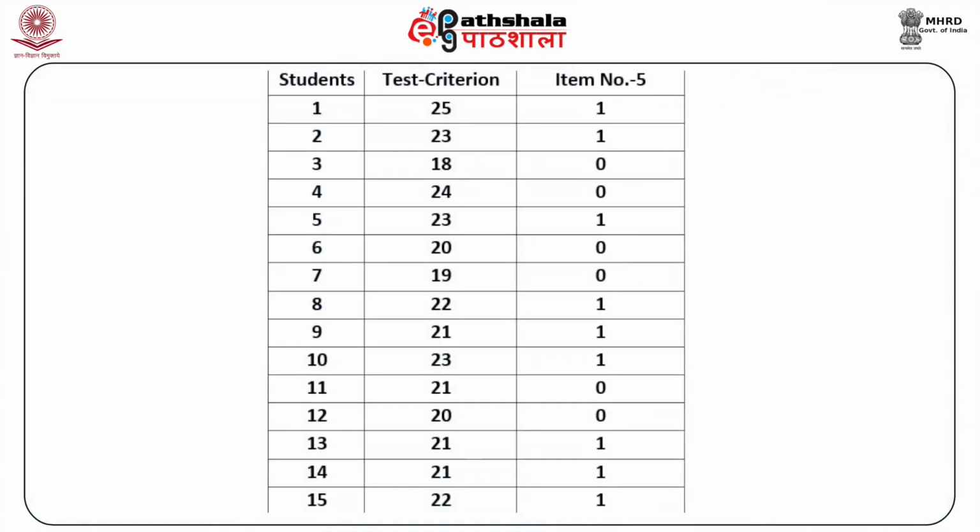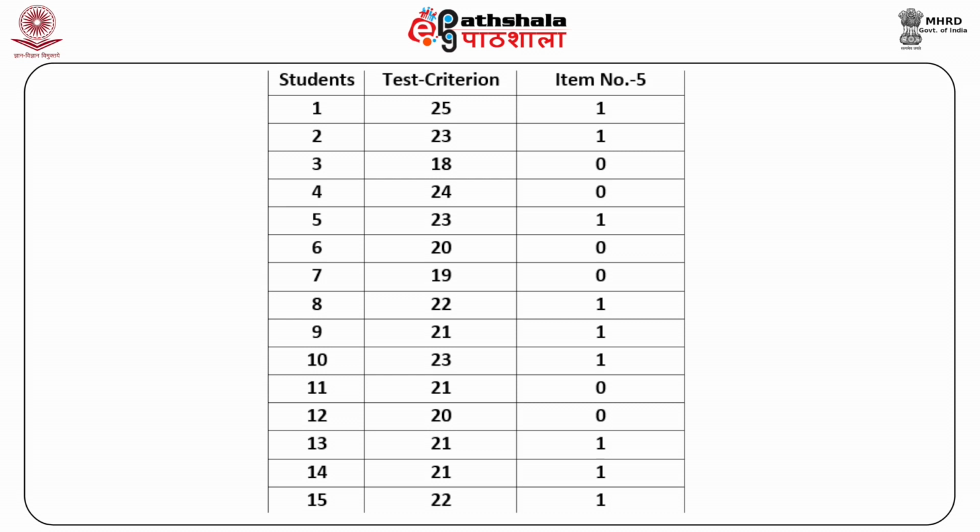Let us look at an example to calculate the point biserial correlation for item 5 of a 10 item test. There are 15 subjects in total. Their test criterion scores are 25, 23, 18, 24, 23, 20, 19, 22, 21, 23, 21, 20, 21, 21, 22.